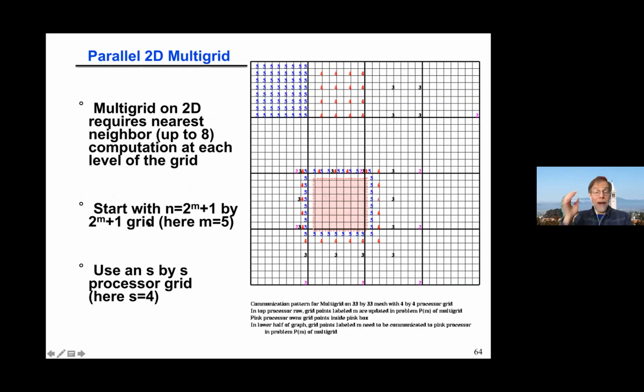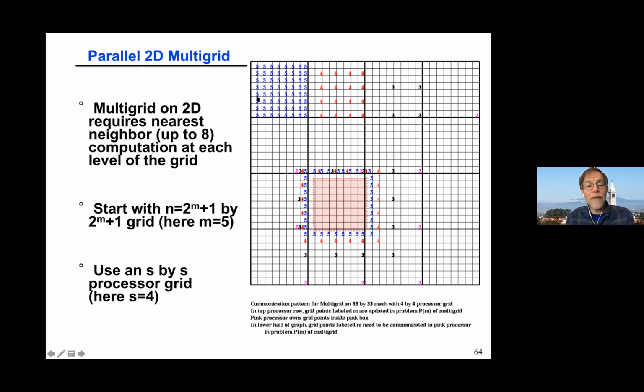So let me now finally talk about parallelizing it on a 2D mesh. And so here I have a 32 by 32 mesh, and I'm spreading it out on a grid of 4 by 4 processors. And so what I've done is I labeled each mesh point by which coarse grid they belong to. So I'm starting at the 5th level. So every point belongs to level 5.